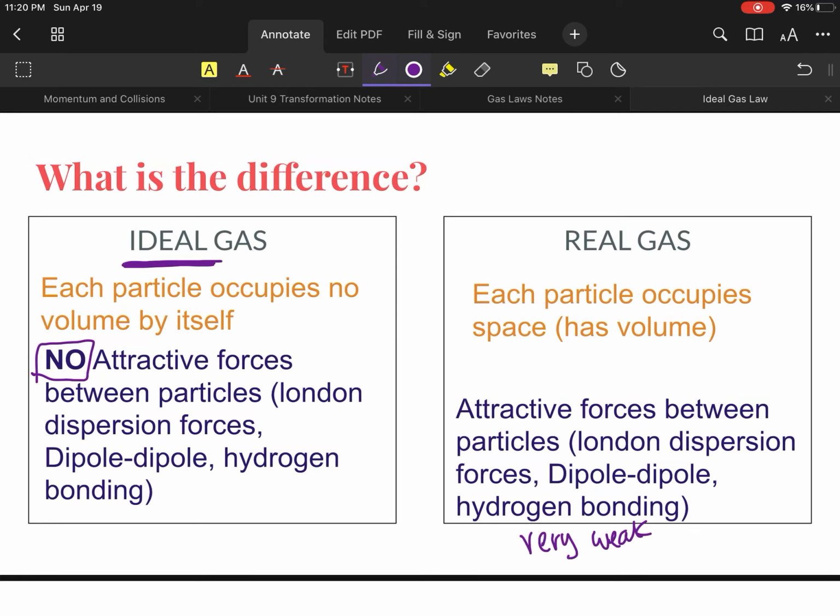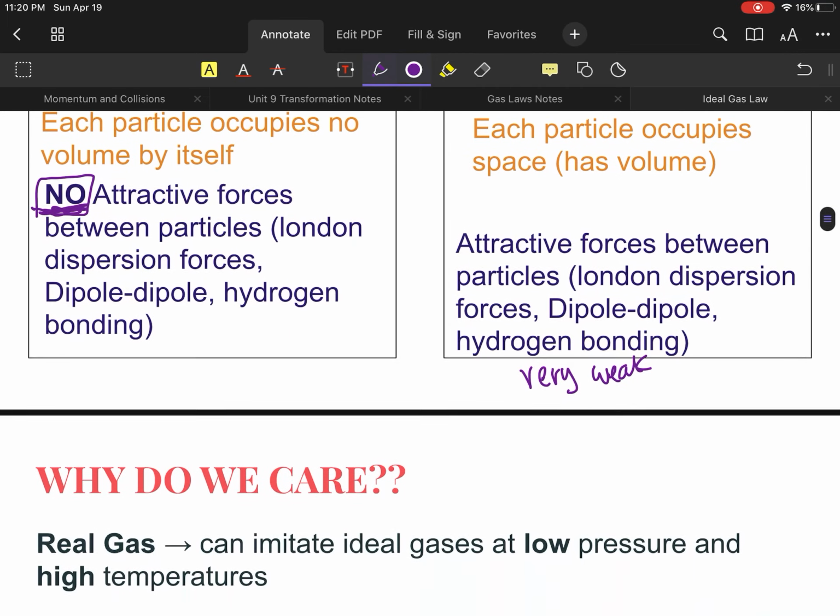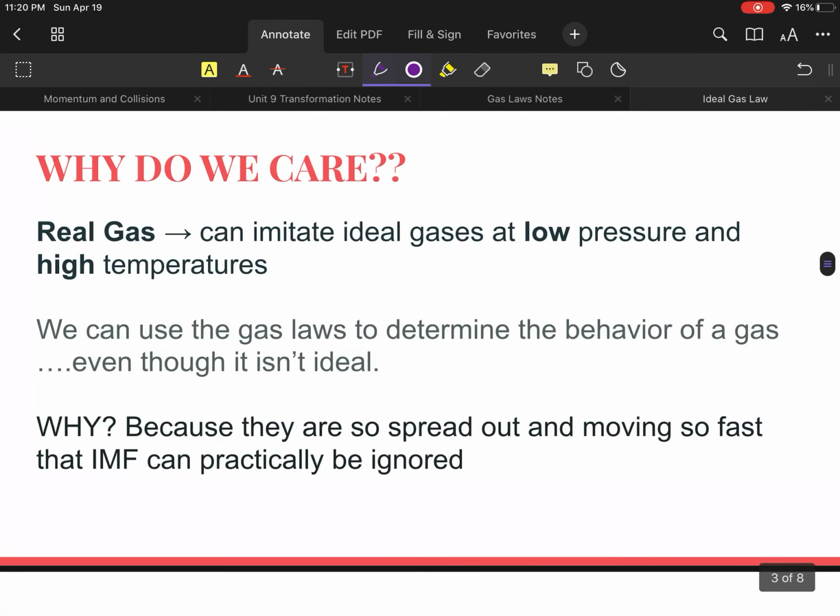We know that in reality there are some forces that can sometimes attract the molecules for very short periods of time, but for the general purposes of gases, we're going to pretend there are no forces that could attract those molecules. So that's basically all we're saying when we say ideal gas. We're just talking about regular gases.